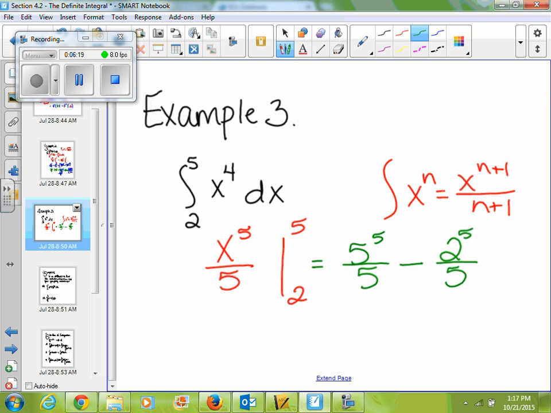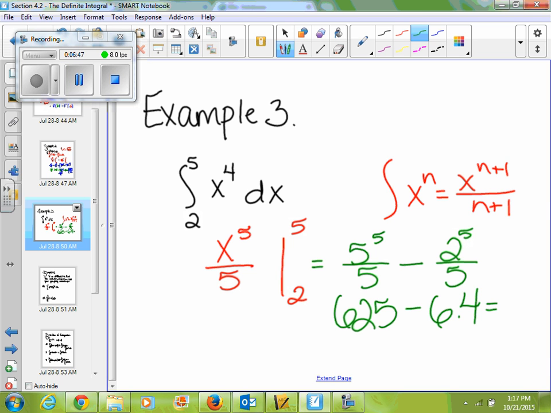Does anybody know what 5 to the 5th divided by 5 is? $625, okay. And what's 2 to the 5th divided by 5? $32 divided by 5? What's 32 divided by 5? 6.4.